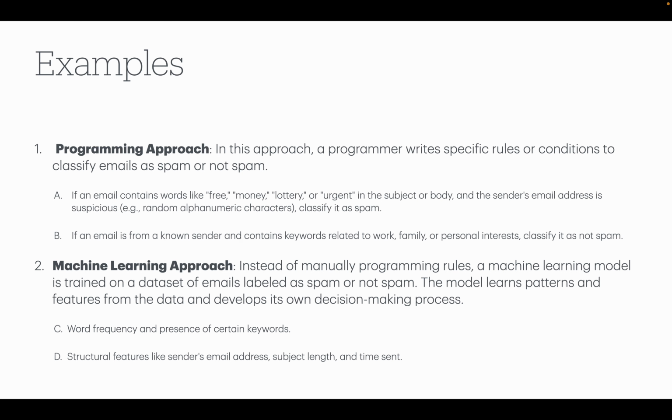But when it comes to the machine learning approach, instead of writing these programming rules, a machine learning model is trained on a data set of emails labeled as spam or not spam. The model learns patterns and features from the data and develops its own decision-making process. So what we do in this machine learning approach, we will have data where we will have a lot of mails, and those mails will be labeled as spam or not spam.